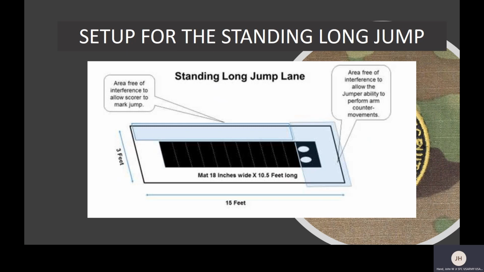Same for setup for the standing long jump. I'll say that you look for an area free of interference to allow the scorer to mark the area, and the jumper the ability to perform arm counter movements. The area is 15 feet by 3 feet. You're marking with tape or cones.